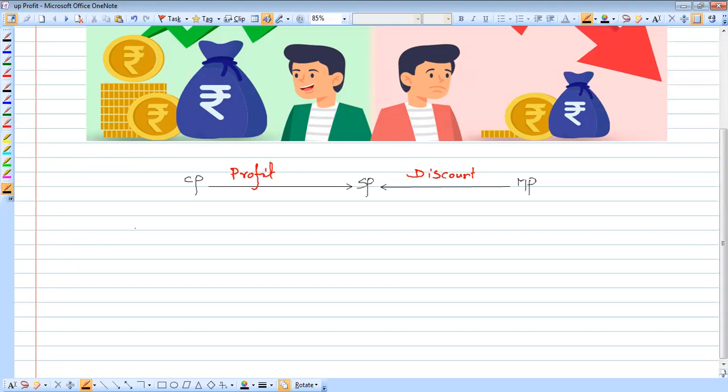If I am to establish a formula for the profit percentage, this is the difference of selling price and the cost price, divided by the cost price. So profit percentage is always calculated on the cost price.